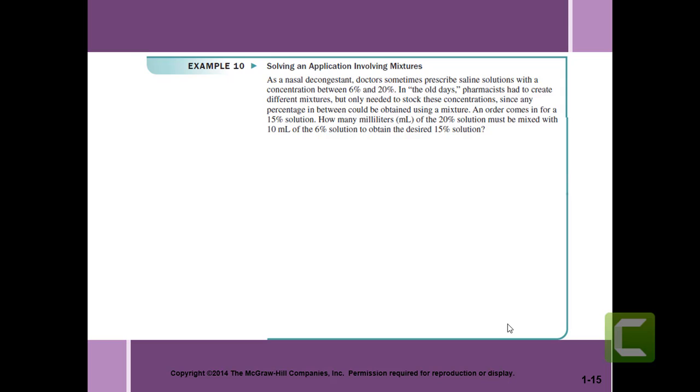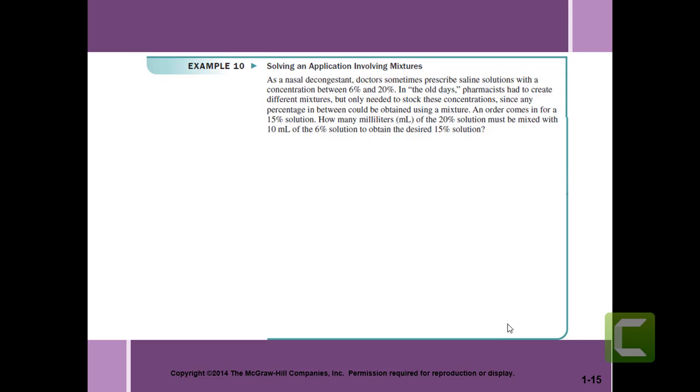It says, as a nasal decongestant, doctors sometimes prescribe saline solutions with a concentration between 6% and 20%. In the old days, pharmacists had to create different mixtures on their own, but only needed to stock these concentrations, since any percentage in between could be obtained using a mixture, right?